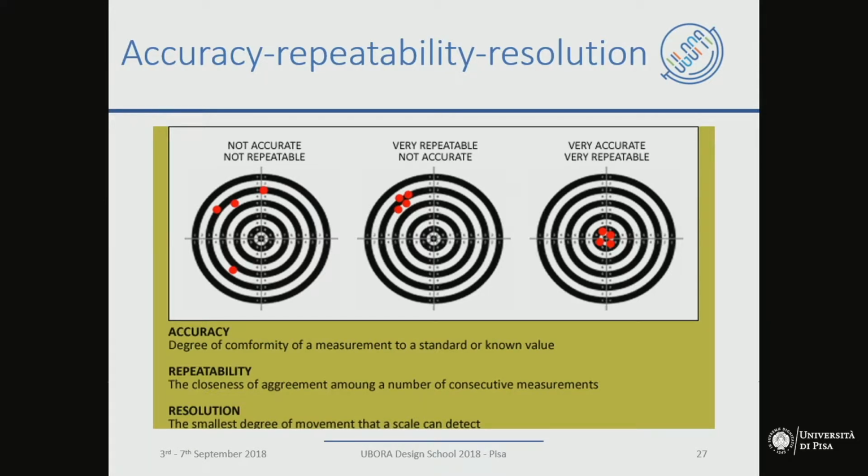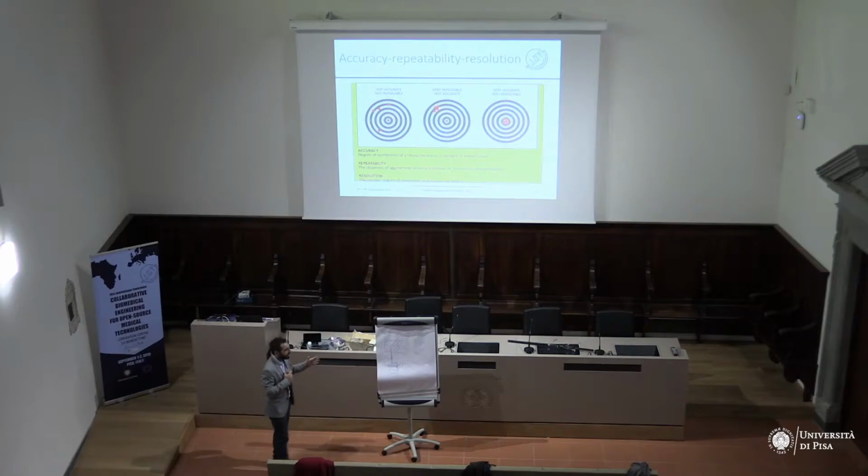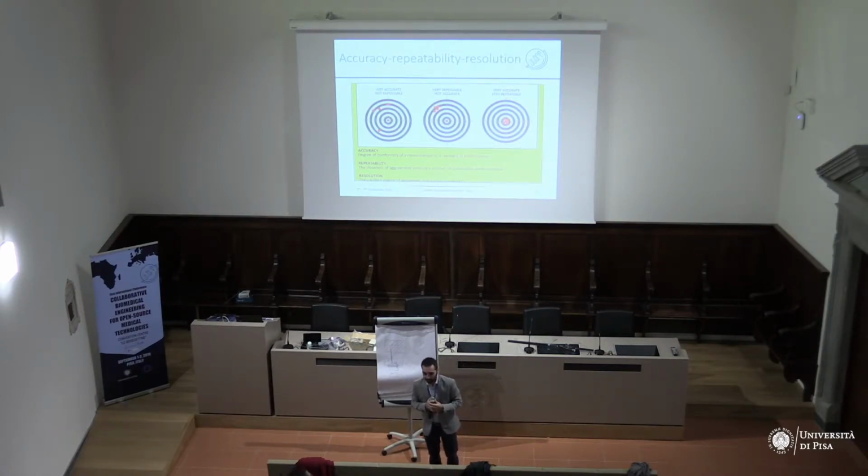If I say I need a picture, or I have a screen with very high resolution, think about the retina display. Pixels are so small that you are not able to see them. So for you it's clear that it has a high resolution. But if I say that this object has a higher resolution with respect to this one, what does it mean for you?